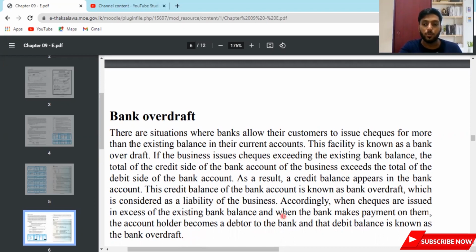So normally, when you take the checks and start using the bank overdraft, from the banker's side you are a debtor, you need to pay them one day. And from your point of view, the bank is a creditor. Then it says that that's how a bank overdraft is maintained.